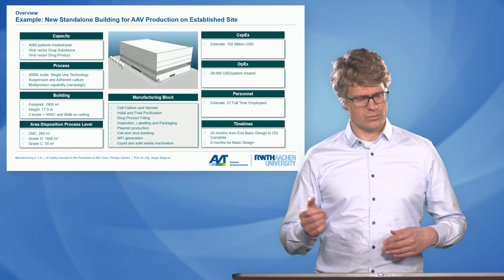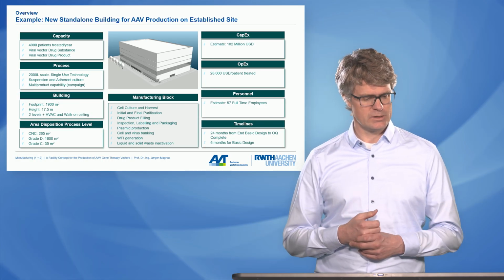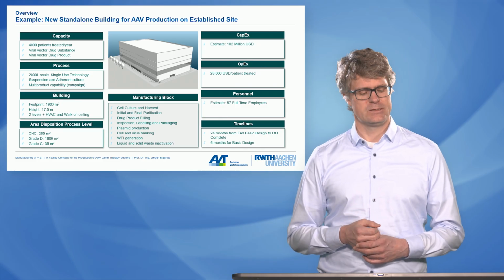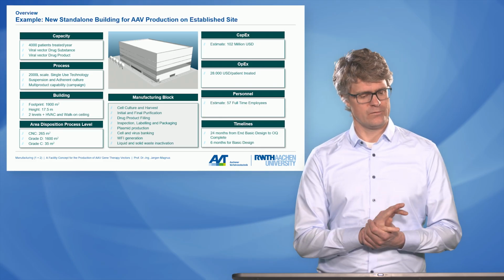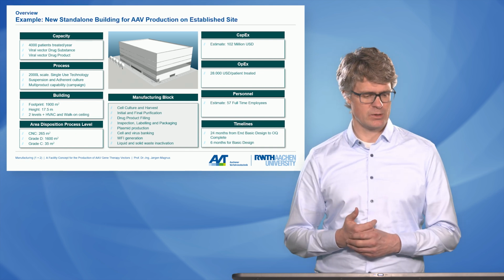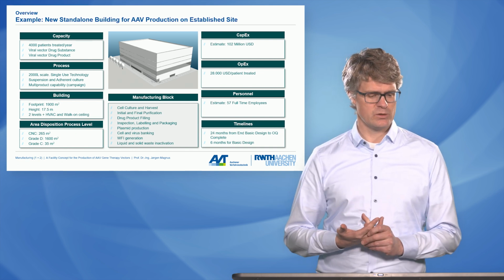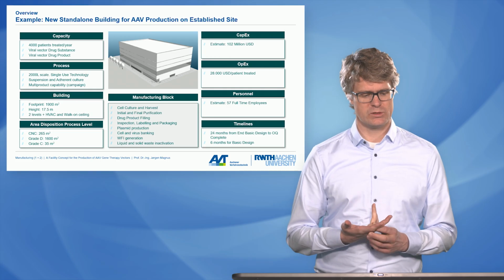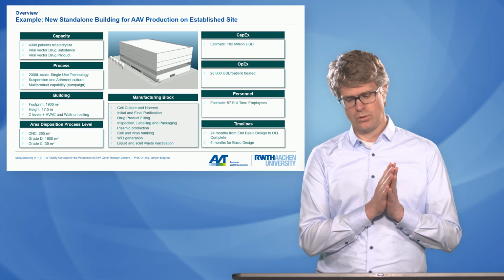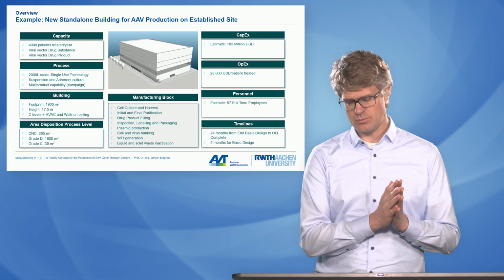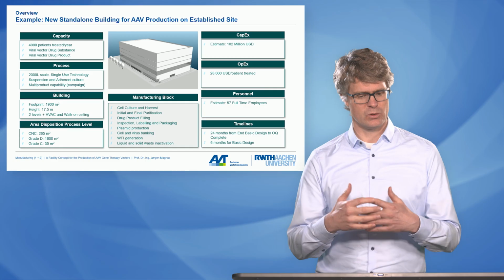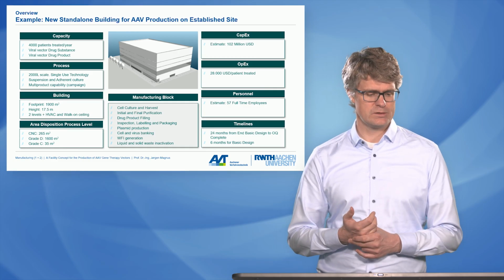Then the multi-product capability, campaign-wise, means that you can run one campaign of hemophilia A, and then change to a different product in the next campaign. This is possible because we want to use single-use technology for all the processing steps. All the steps that involve product are done in single-use technology, which means that the product only touches single-use equipment.